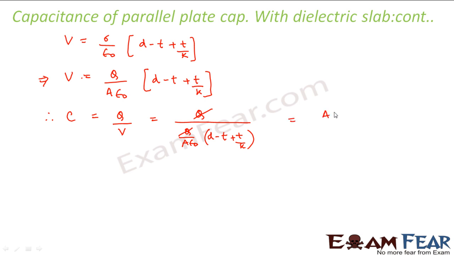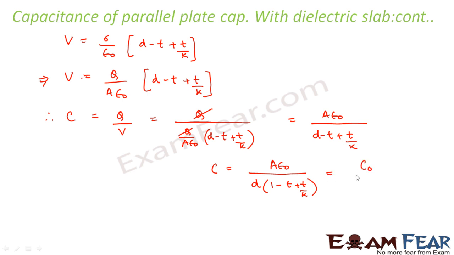So we can write it as A epsilon naught divided by D minus T plus T by K. Therefore, the capacitance C becomes A epsilon naught by D into 1 minus T plus T by K. What is A epsilon naught by D? It is the initial capacitance C naught, before the dielectric slab was introduced. So C becomes C naught divided by 1 minus T into 1 minus 1 by K.